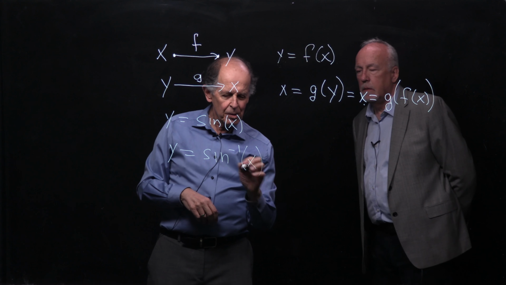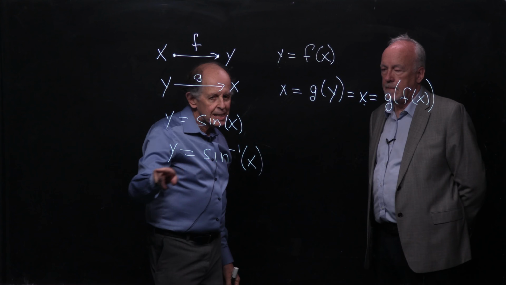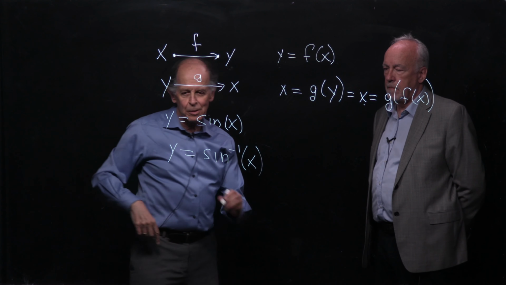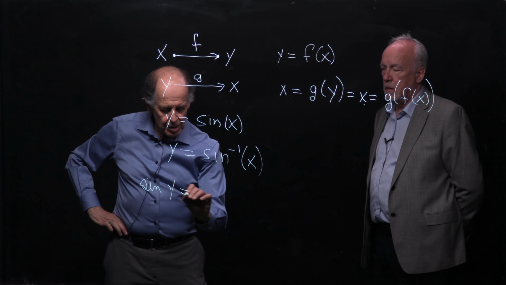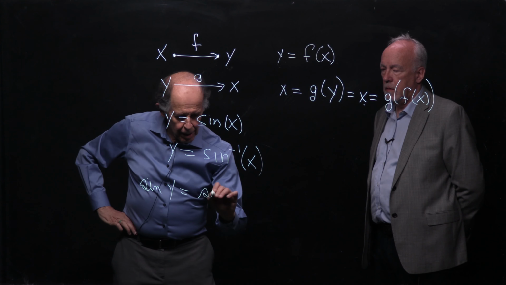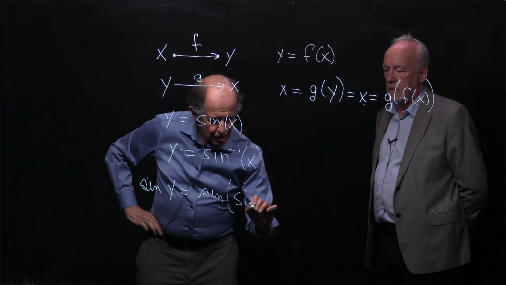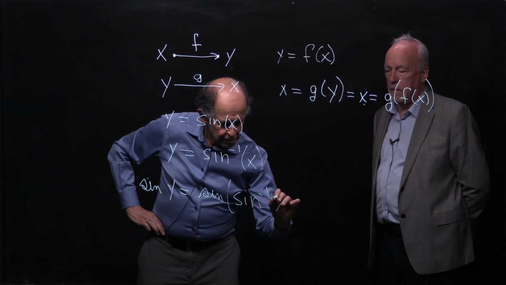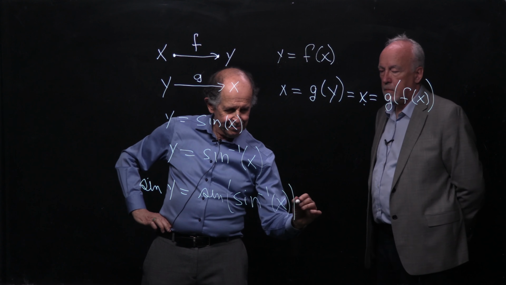What do you think of this notation for the backwards map? If I take the sine of each side, and this does backwards, we're going to get sine of y is equal to the sine of the inverse, the backwards one. And so what will we get when we do this?